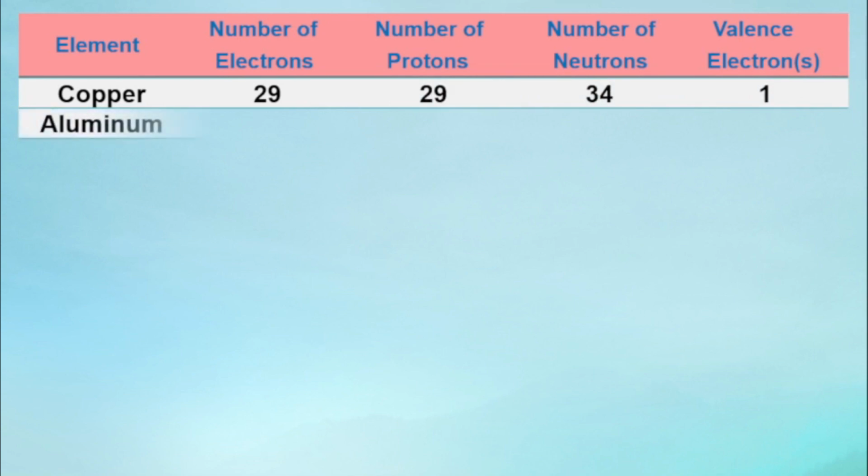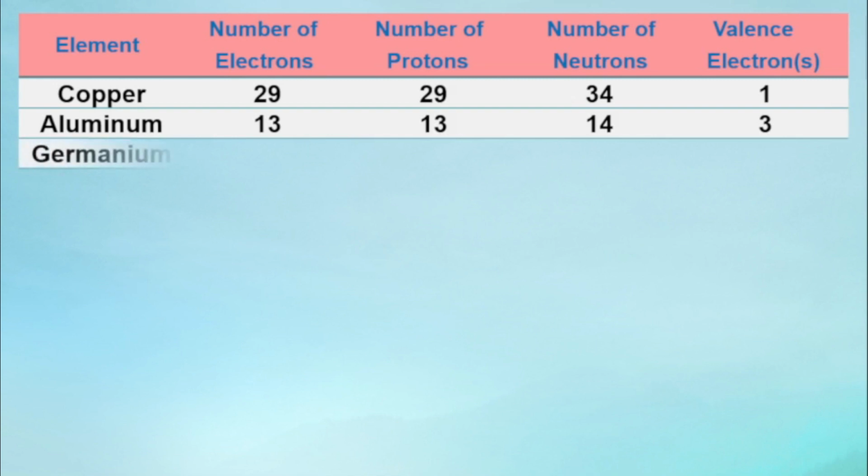Aluminum element, number of electrons 13, number of protons 13, number of neutrons 14 and valence electrons 3. Germanium element, number of electrons 32, number of protons 32, number of neutrons 41 and valence electrons 4.